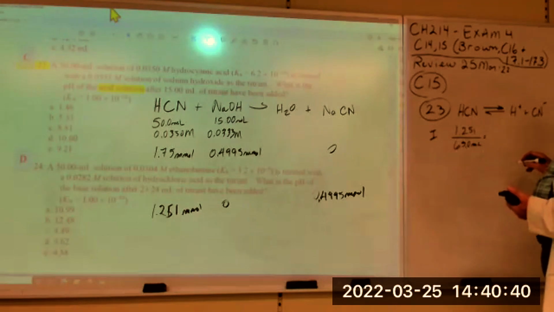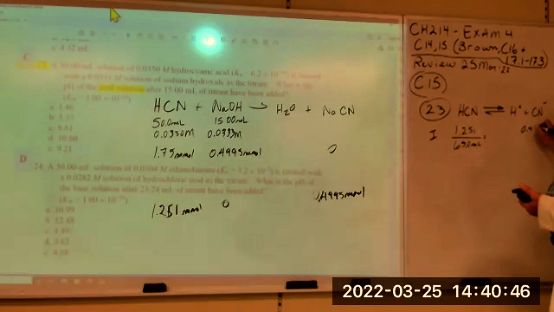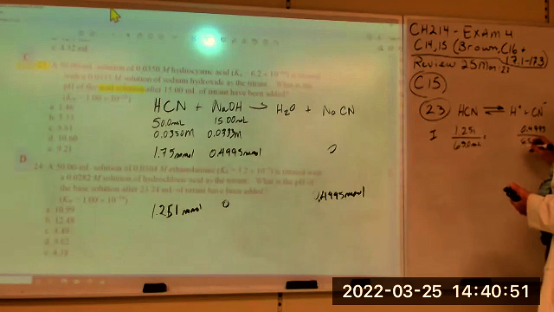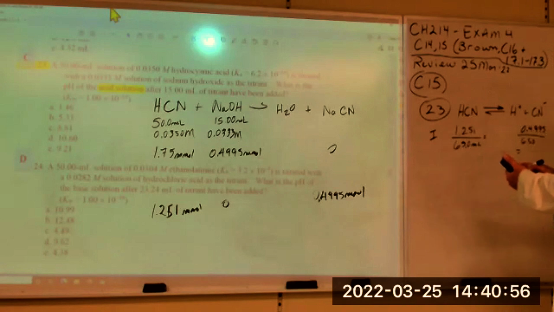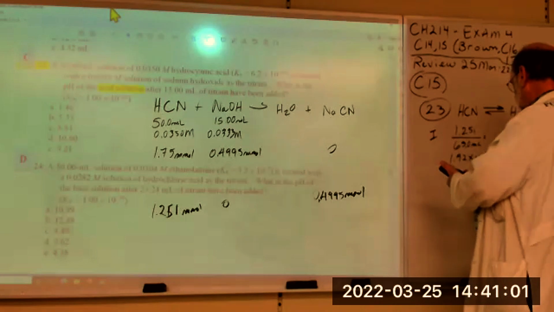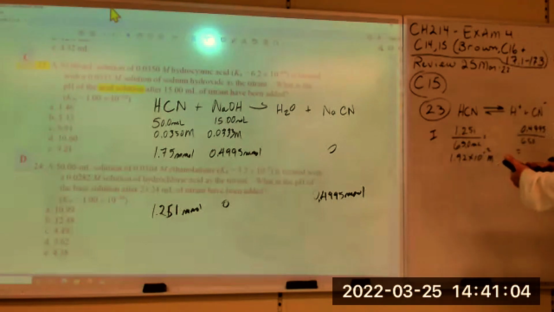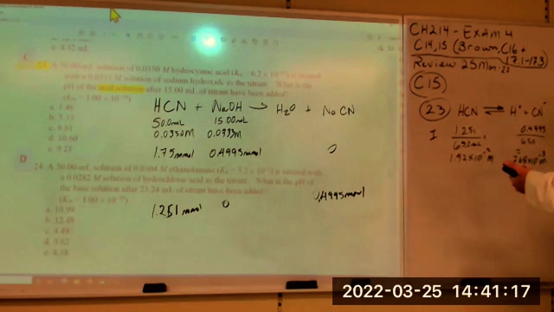And cyanide ion is 0.4995 divided by 65, which is equal to 1.92 times 10 to the minus 2 molar. This one is 7.68 times 10 to the minus 3 molar. That's initial.